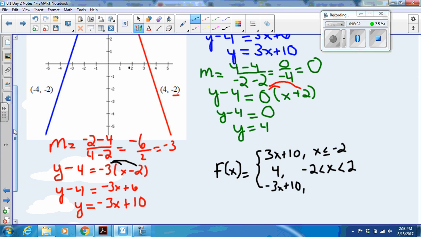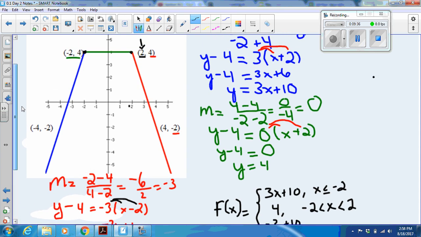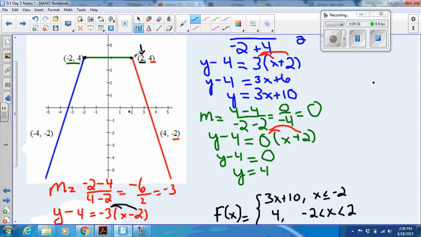Now lastly, we have to figure out the restriction for negative 3x plus 10. Here we see where we left off. So the green line stopped, but that's where the red line starts, okay? So because of that, we start back up at 2, and if we look at the red line, the x values are getting bigger.